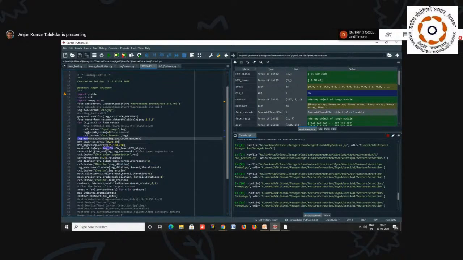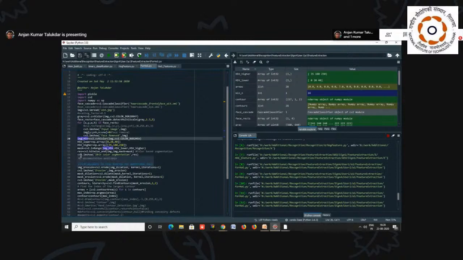Then I have made a mask using these threshold values, and then I applied this mask on the original image, which is basically nothing but the bitwise AND operation, or the color based segmentation.